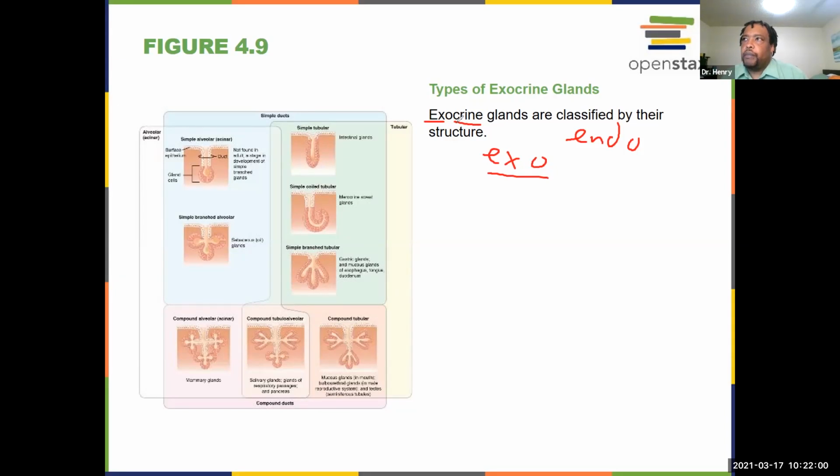So we have endocrine glands and we have exocrine glands, right? Endocrine glands secrete our hormones.